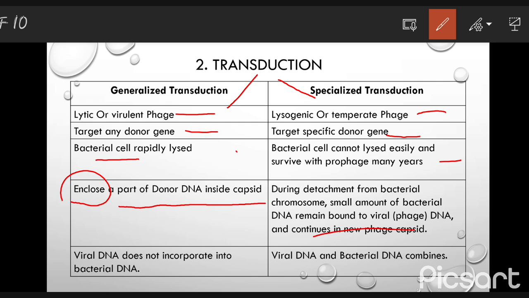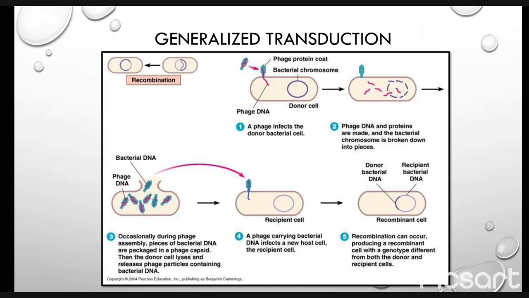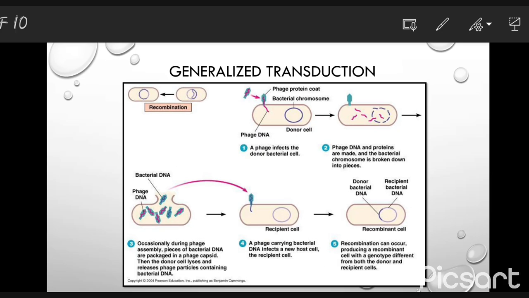This is the major step in specialized transduction; we will see it in detail. In generalized transduction, viral DNA does not incorporate into the bacterial DNA, and in specialized transduction, viral DNA and bacterial DNA combine, or you can say integrate. So let's see the first one, generalized transduction.